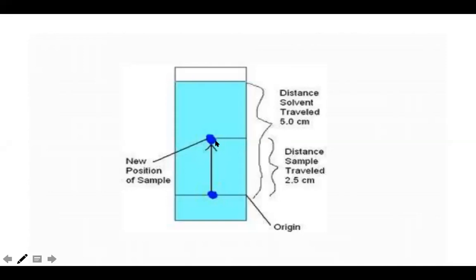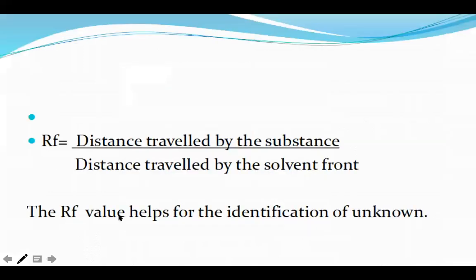This blue compound has an RF value of half, and it is an indicator of the chemical properties of the compound tested in paper chromatography or thin layer chromatography. The RF values of different compounds are different, and the RF value helps in the identification of unknown compounds.